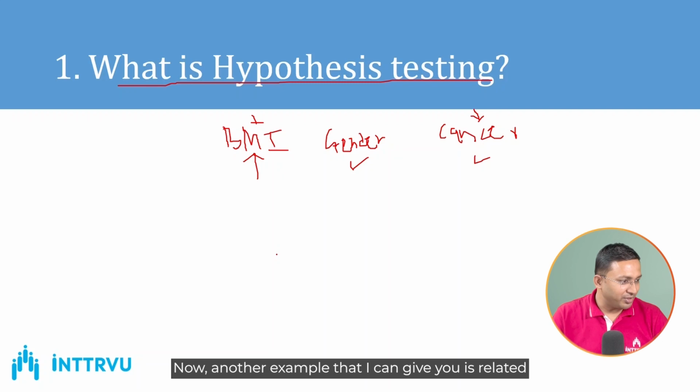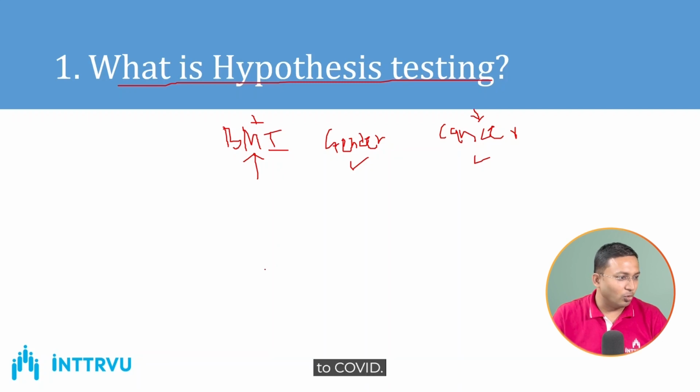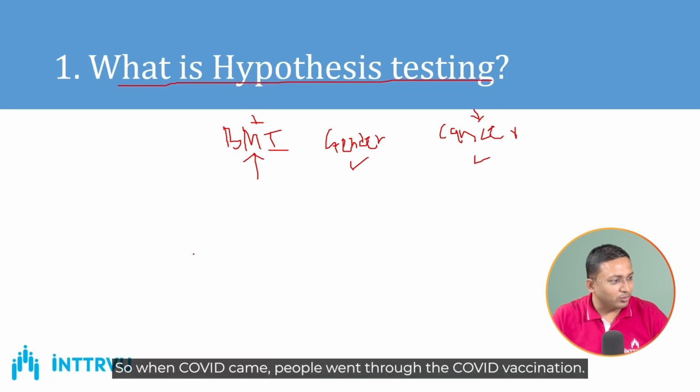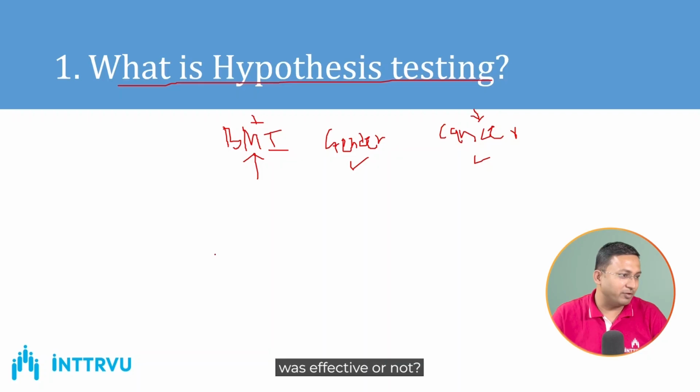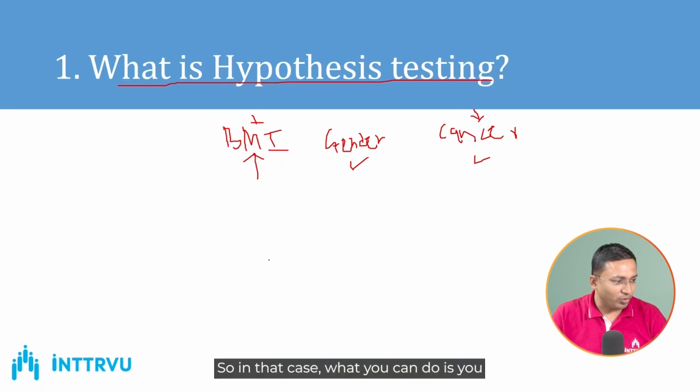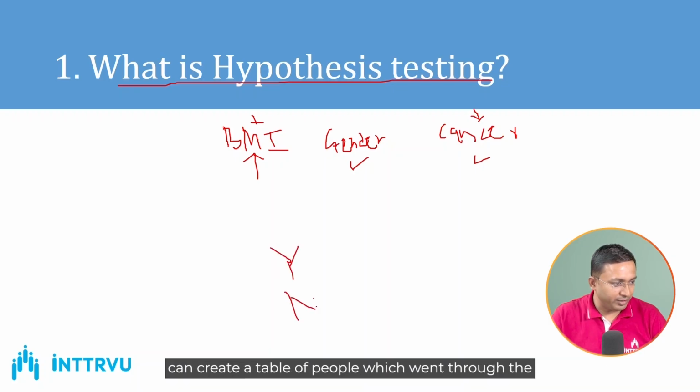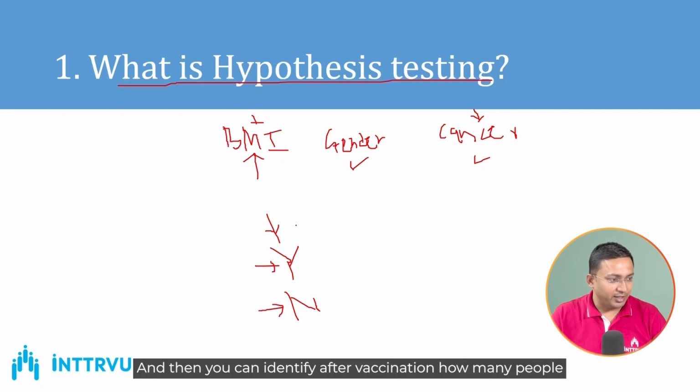Now another example that I can give you is related to COVID. When COVID came, people went through the COVID vaccination. But how can we know whether that COVID vaccination was effective or not? In that case, you can create a table of people who went through the vaccination and people who didn't. Then you can identify how many people, after 3 months of vaccination, are getting infected with COVID.